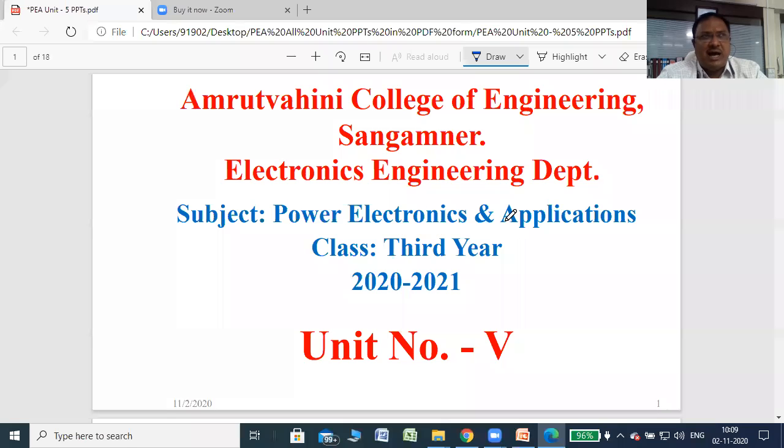So single phase half converter, full converter, on that there will be simple problems. So keep a calculator with you, and whatever equations I have given in unit number 3, on those simple equations, the values are given directly. You have to calculate the output voltage, but everyone should attend the exam.